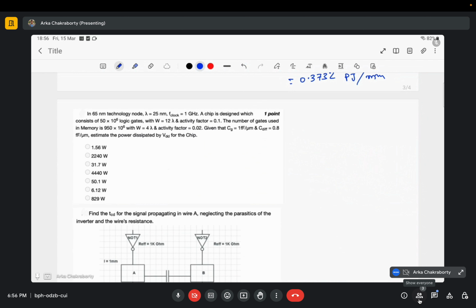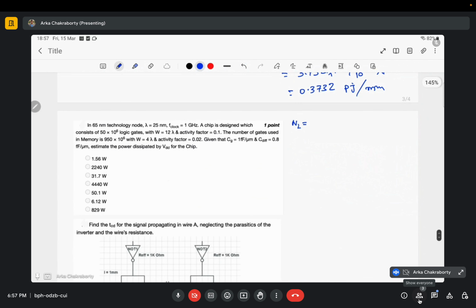So the question is, in a 65 nanometer technology node, lambda is given as 25 nanometer, f clock is given as 1 gigahertz, and it is mentioned that a chip is designed which consists of 50 into 10 to the power 6 logic gates.